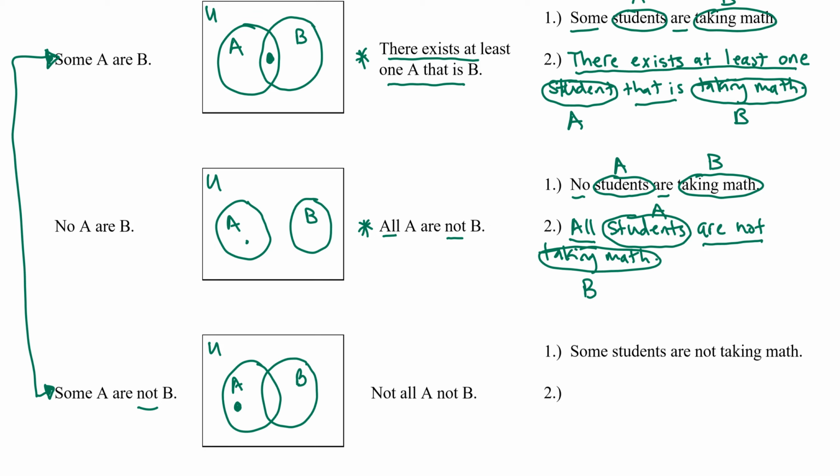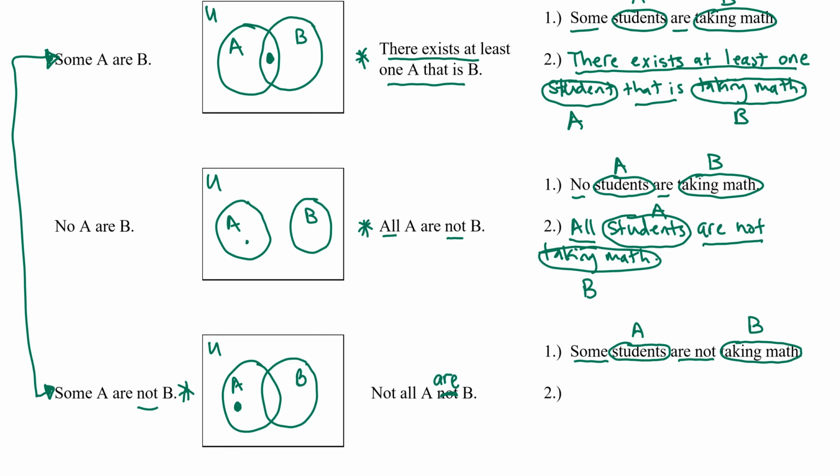Now, this is also equivalent to the statement not all A are B. Whoops, typo, sorry about that. Not all A are B. So let's apply this to our example. Starting with this pattern, some A are not B: some students are not taking math.